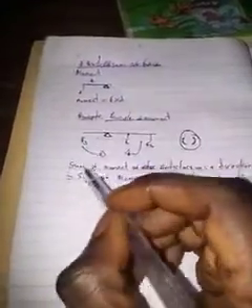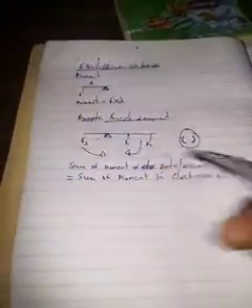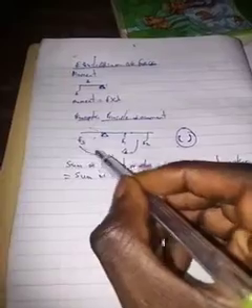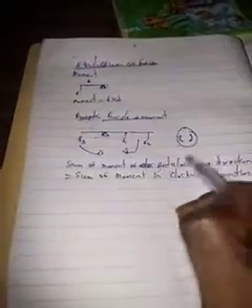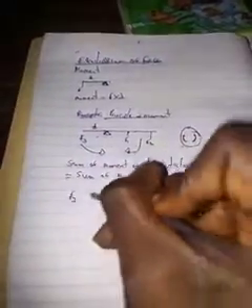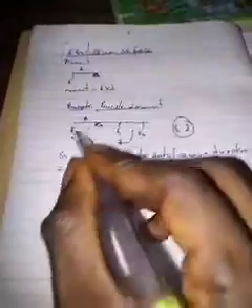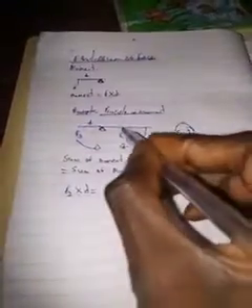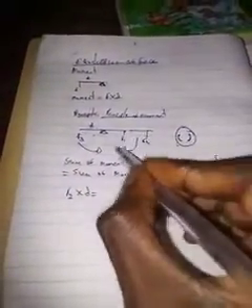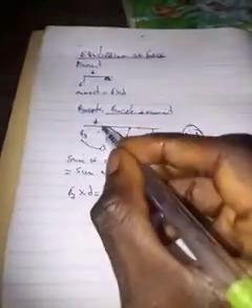Let's calculate the moment of the anti-clockwise direction first. You can see this is the force acting at a point, and this is the distance. So it will be F3 times D, let's call this D3.